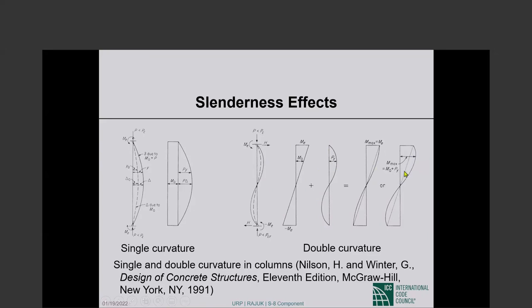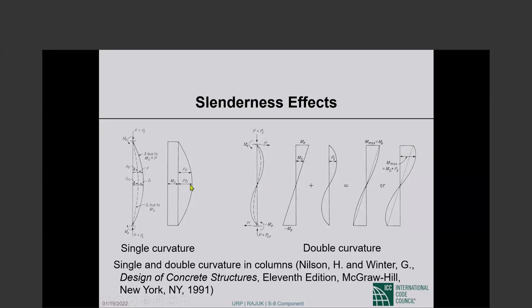The point is that in this case, there is no moment magnification. The bending moment at the end is the same, and that is the largest bending moment. In this situation, the largest bending moment is no longer at the end, it has moved here, and the largest bending moment is larger than the end moment. So there is a little bit of moment magnification, but it is not anywhere near this.